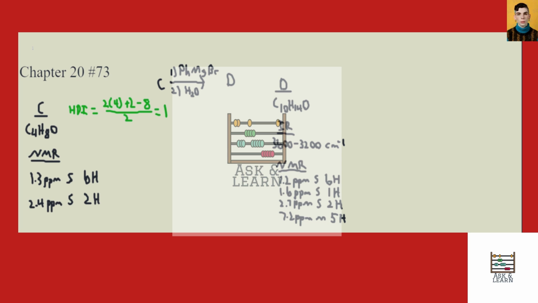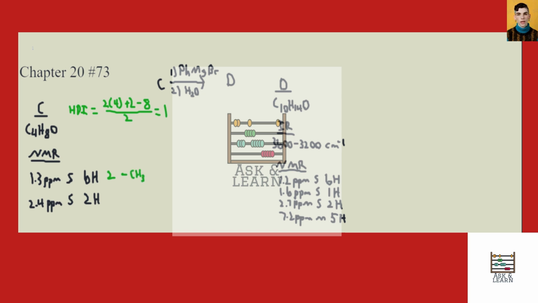Then looking at the NMR, we have a singlet at 1.3 ppm with an integration of 6. I'm going to say that's probably 2 methyl groups, so 2 CH3s.